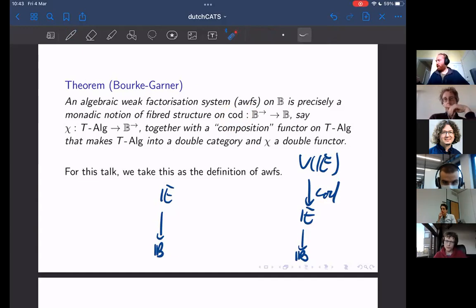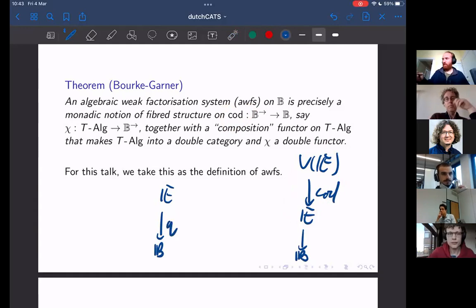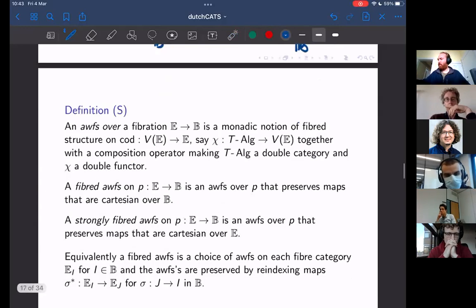And then we can think of this codomain fibration on the vertical maps as a kind of internal version of the codomain fibration to this original fibration P that we're interested in. And then we can use this to give an internal version of algebraic root factorization system.